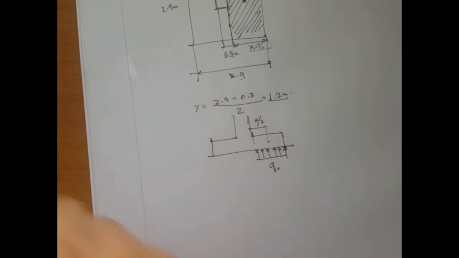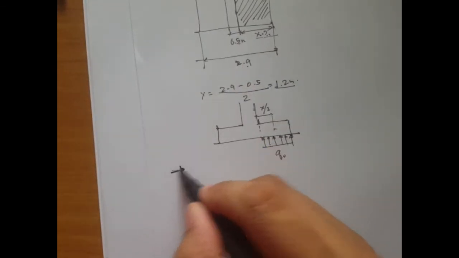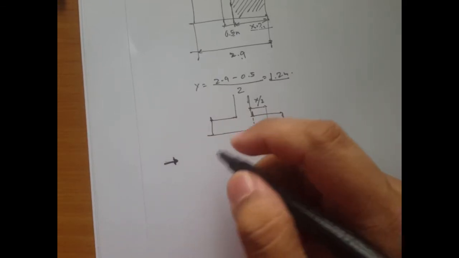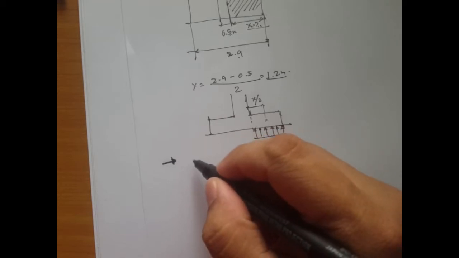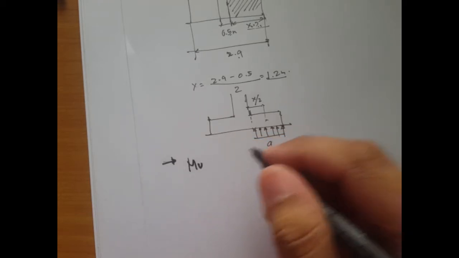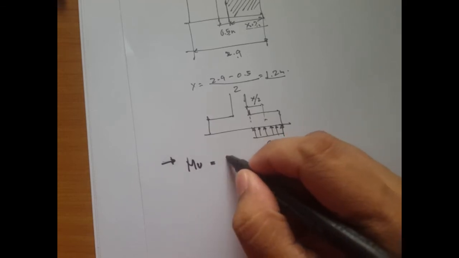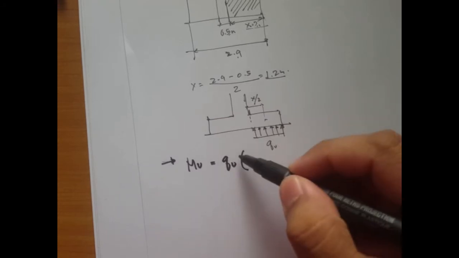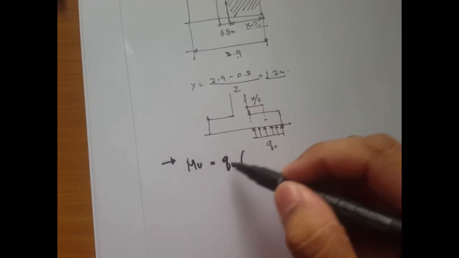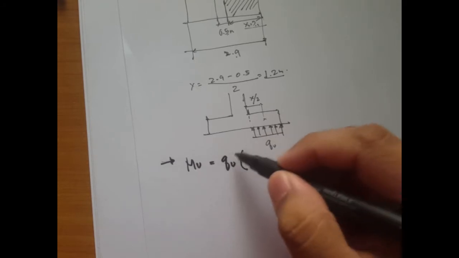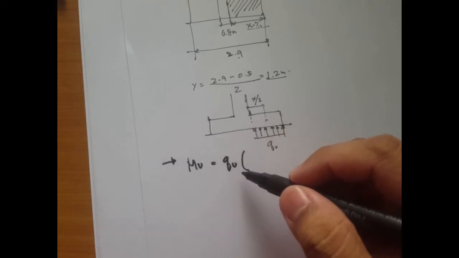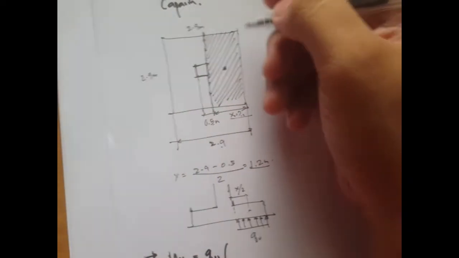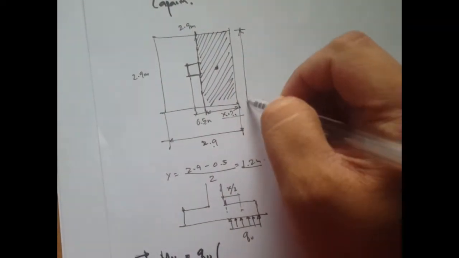Okay, so now let's solve. Solving now for our factored moment, M sub u. Okay, so that's just the factored soil pressure, this is the load distribution, multiplied by the area, which is b times x, this is our b.